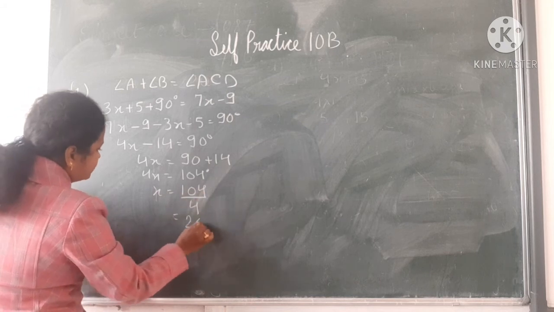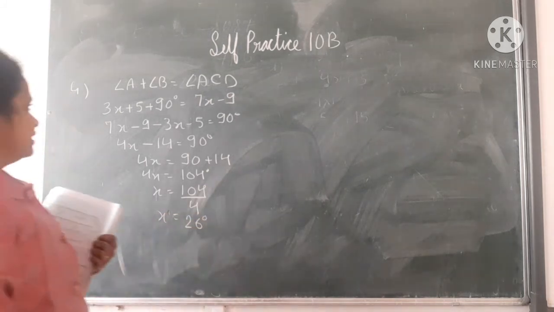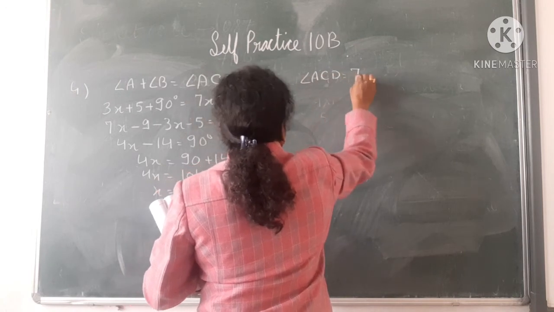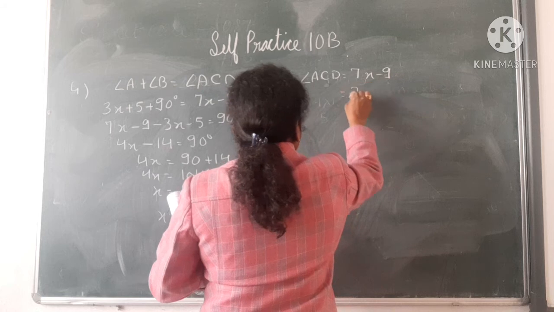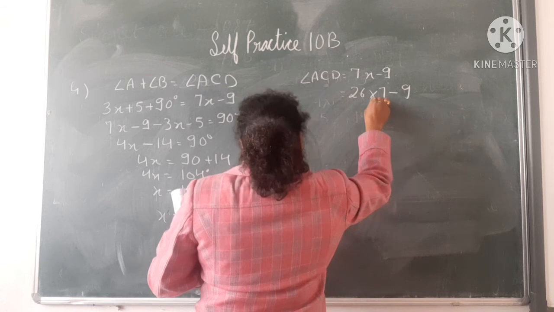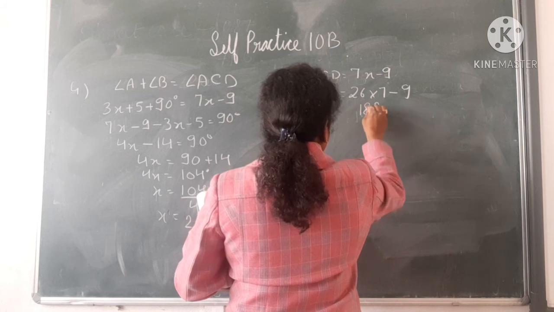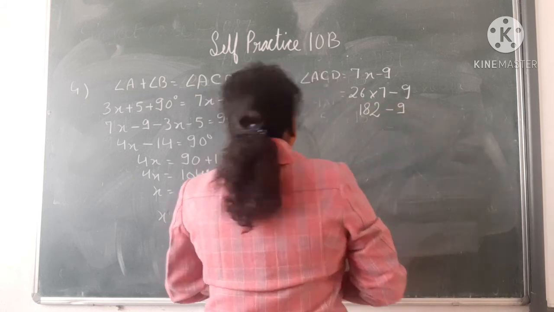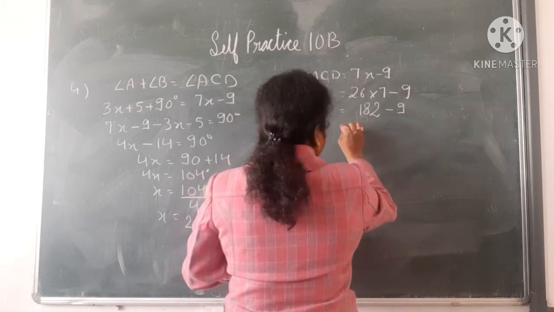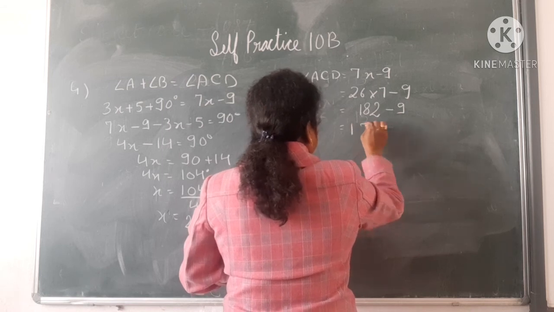4 2 is 8, 4 6 is 24. X is equal to 26 degree. So what will be angle ACD? Angle ACD is equal to 7x minus 9, which means 26 into 7 minus 9. 7 6s are 42, carry 4, 7 2s are 14, 18. Minus 9, 173.